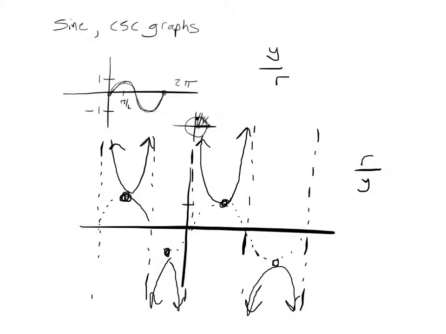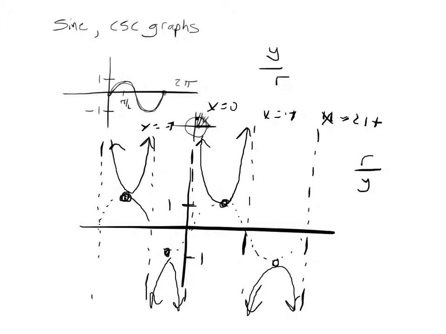And now once you've gotten that done, you can, if you wish, erase your sine curve that you used to help you generate those arches, and you want to leave, and label, your asymptotes. So our asymptotes here would be x equals 0, x equals pi, x equals 2 pi, x equals -pi, etc. So you want to label your asymptotes, and then I want to look at the period here.